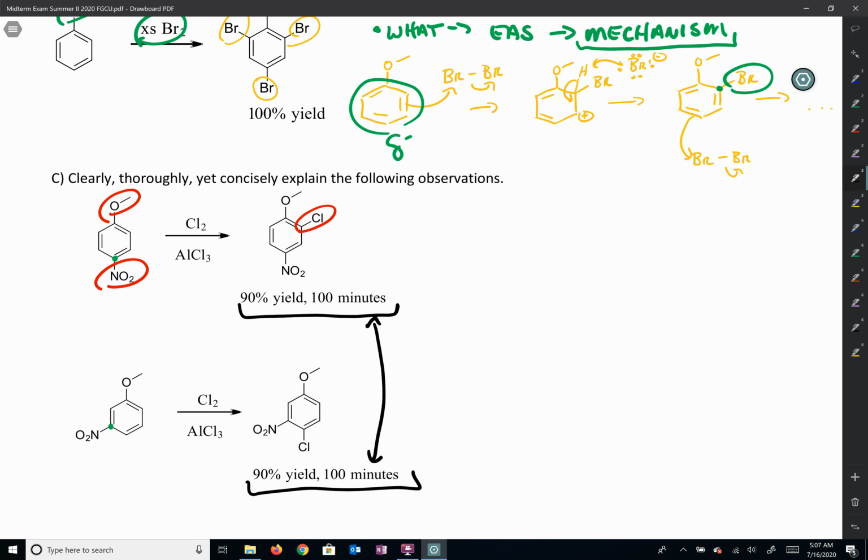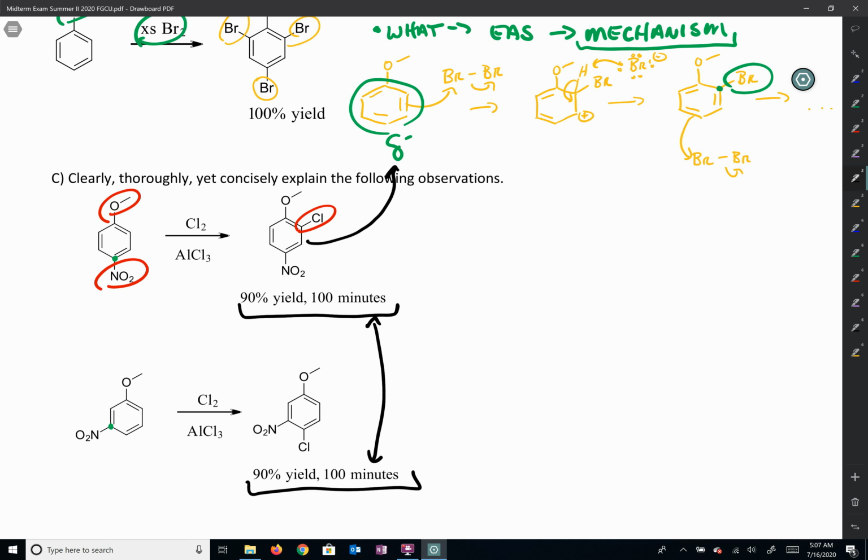Well, we have to think about the relationship between activators versus deactivators and what step of the mechanism they affect. What does it mean to be an activated ring? It's just like what we talked about up here: the ring is partially negative, so it's easier to grab something positive.